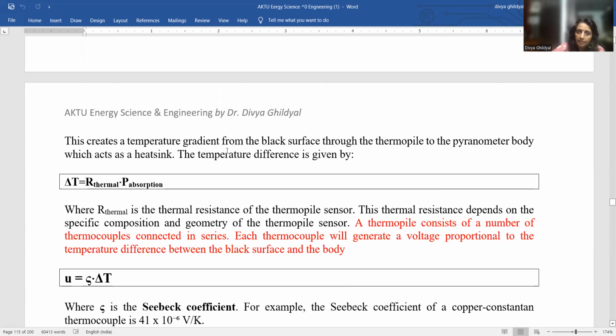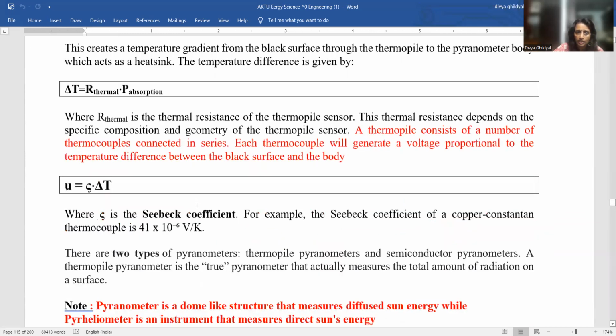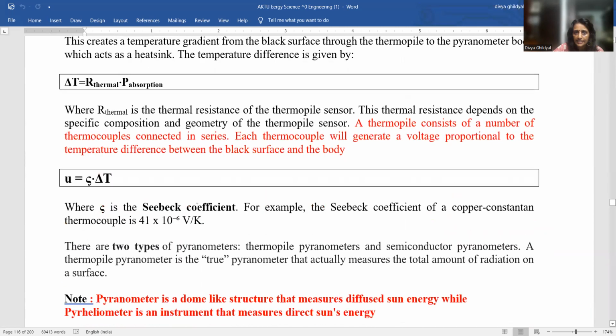This creates a temperature gradient from the black surface through the thermopile to the pyranometer body, which acts as a heat sink. The thermopile consists of a number of thermocouples connected in series. Each thermocouple will generate a voltage proportional to the temperature difference between the black surface and the body, and it can be utilized for my purpose.